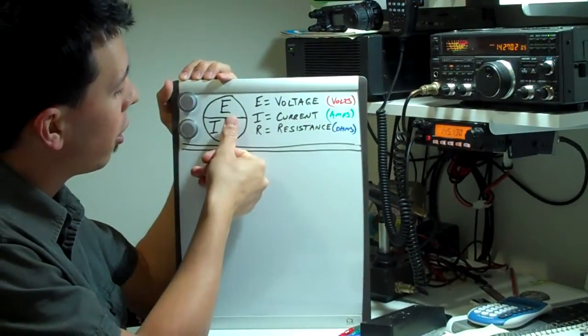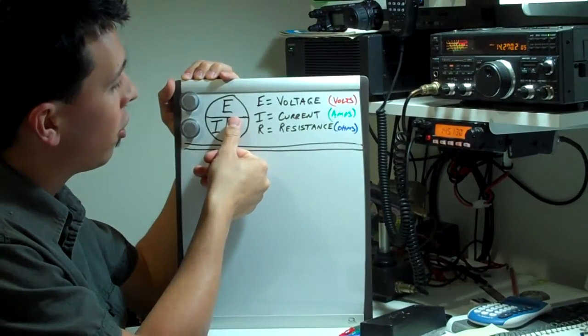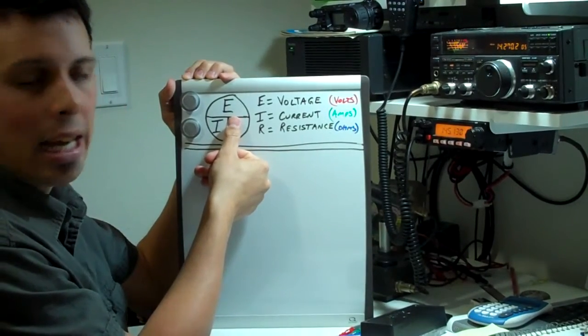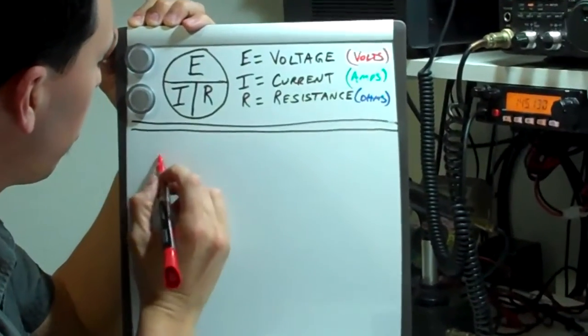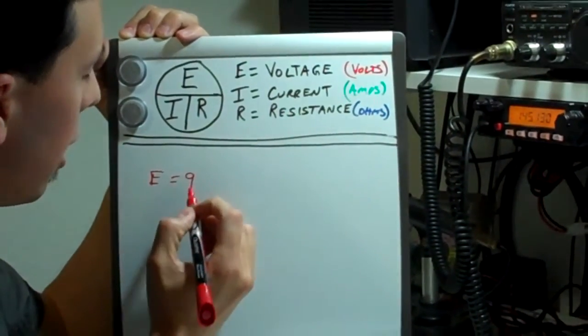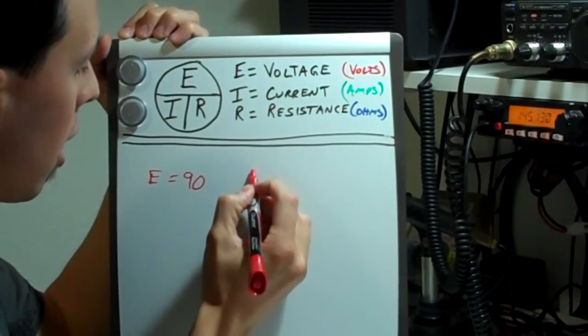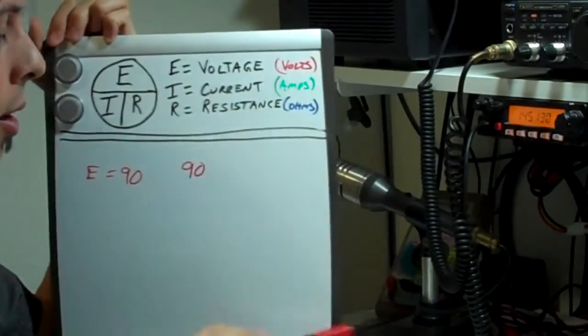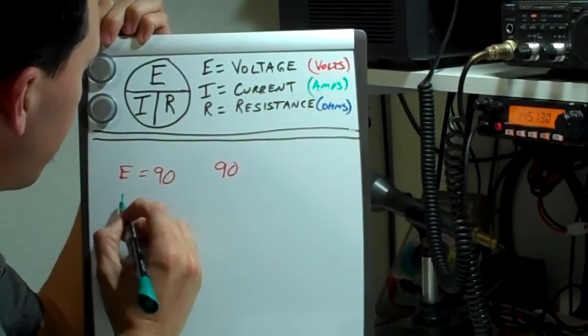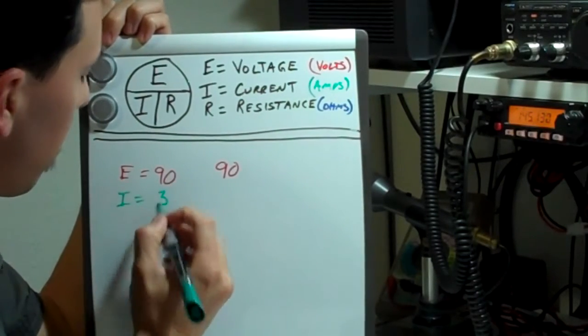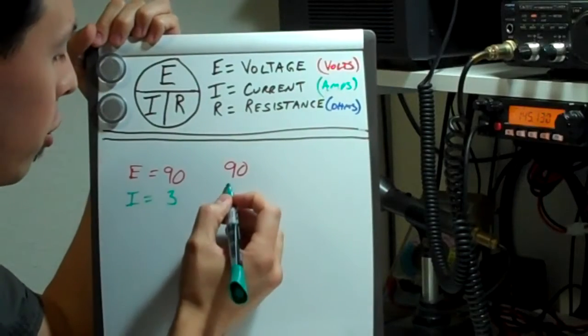Remember, cover up the one that you're not doing, so we cover up resistance, and that's going to be E over I. So we're going to have volts. How many volts? E equals 90. And the current is amps. What's the current? 3 amps according to this question.